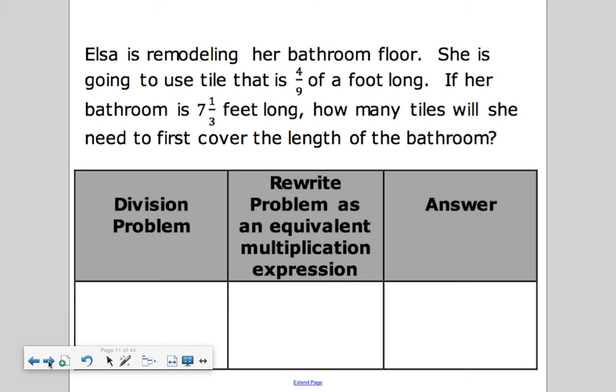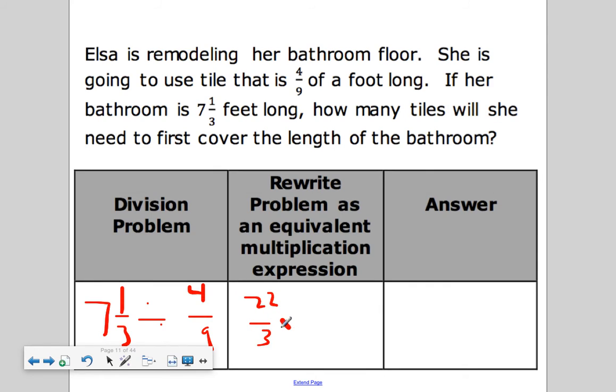And our last question. Elsa is remodeling her bathroom floor. She is going to use tile that's 4/9 of a foot long. If her bathroom is 7 1/3 feet long, how many tiles can she use? So we are taking away 4/9 repeatedly, over and over, until we use all of it up. So we're dividing. Let's rewrite 7 1/3 as an improper fraction. That'd be 22 thirds.